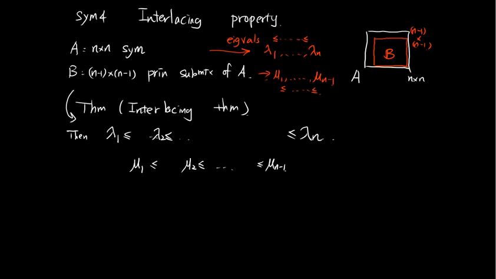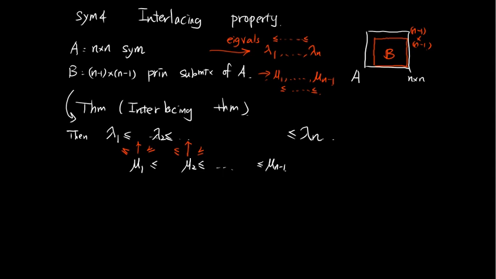And the interlacing property says that not just these two sequences of inequalities, actually we have these properties, which means mu1 is greater than or equal to lambda 1, and then mu2 is greater than or equal to lambda 2, and keep going. So you will see that mu1 is in between lambda 1 and lambda 2. Mu2 is in between lambda 2 and lambda 3.